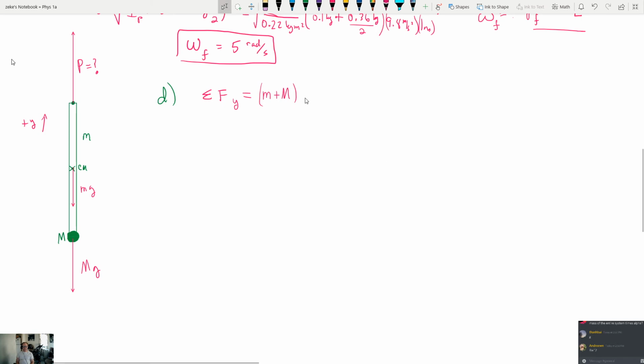So what I'm going to say is that what we need to multiply by here, when I have a system of objects and I want to understand something about how they're operating, is the acceleration of the center of mass of the whole system. So we can multiply this by the acceleration of the center of mass of the system. So not that center of mass, but now the center of mass of the whole system, basically.